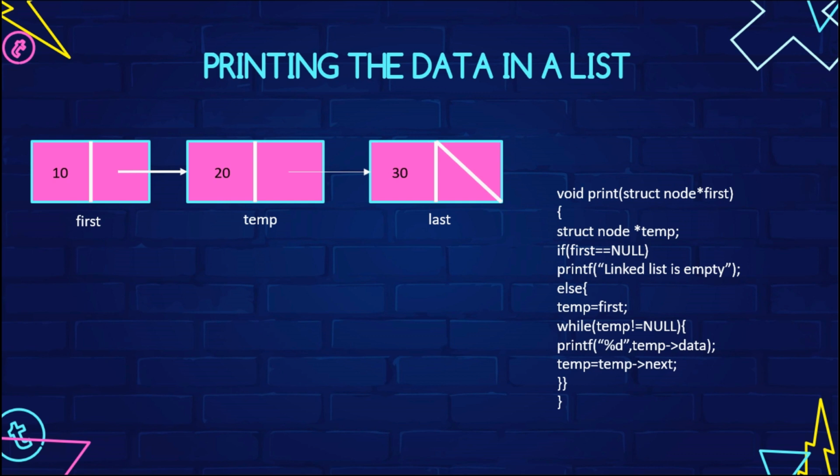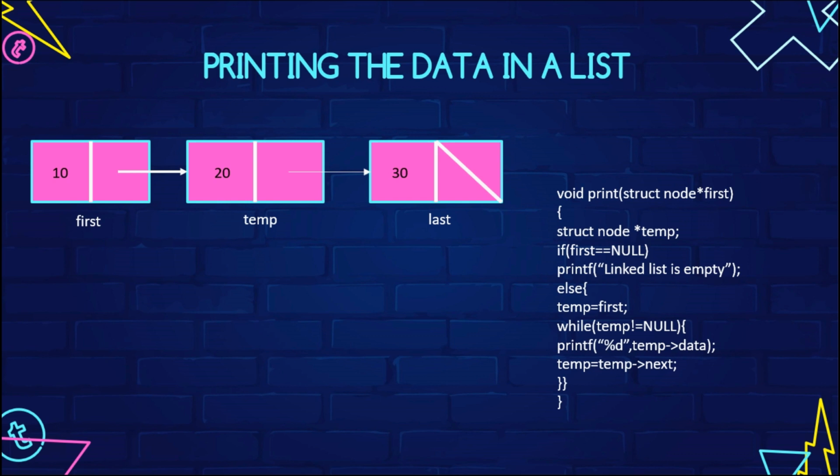If first is not null, in the else part we assign temp to be first, and we use a while loop with the condition temp is not null. So it traverses every element until temp becomes null. Temp will only become null after the last node, because there's nothing present after the last node.